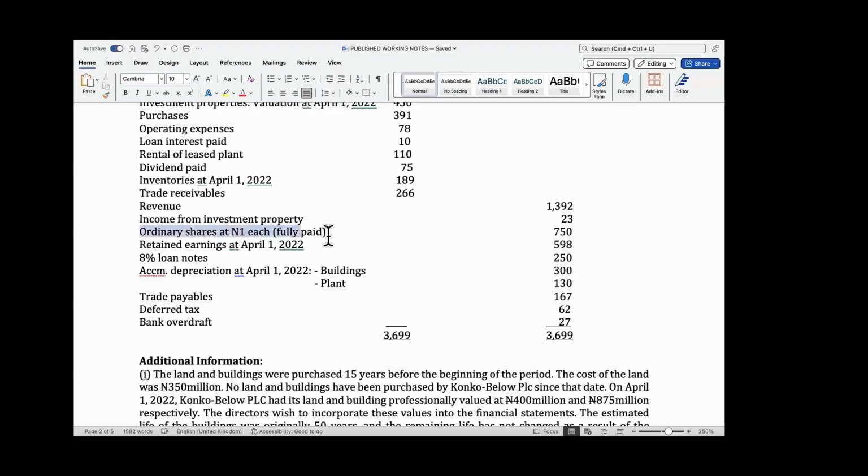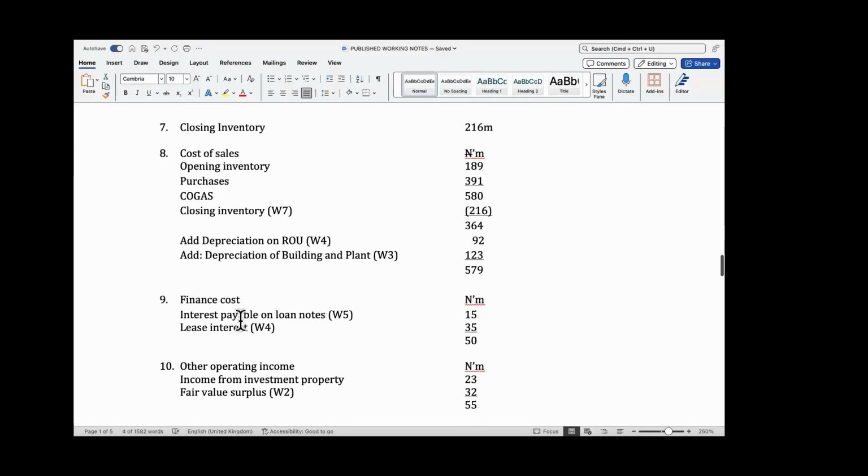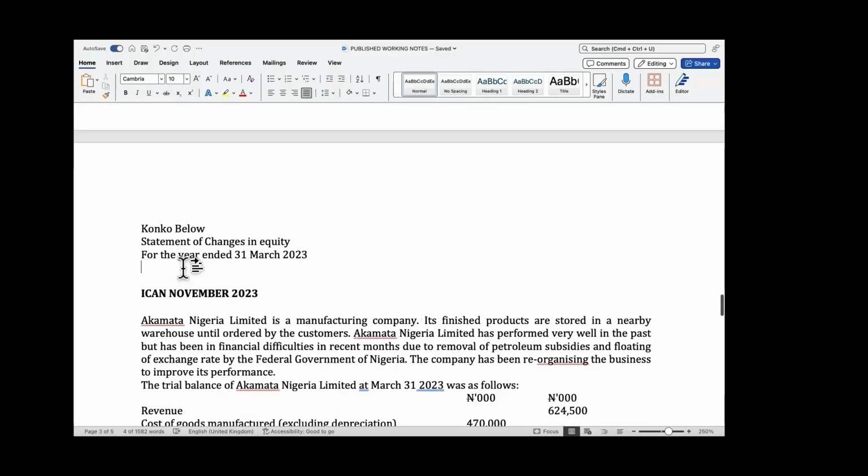I have ordinary shares, retained earnings. I don't have any share premium, and I've also computed evaluation surplus. So those are the only 3 items that will be in my equity. So share capital, retained earnings, evaluation surplus, then total.